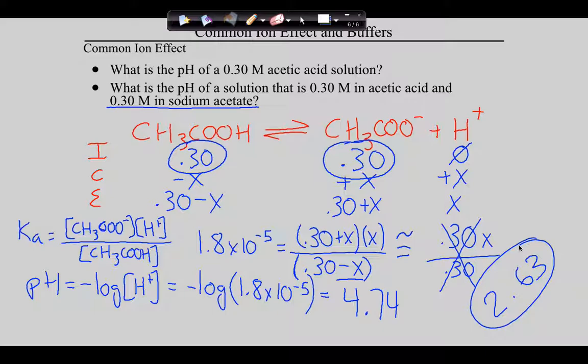So guys, does that make sense? Now let me share something with you that I think you're going to find useful. You all wrote down this sentence, right? That said that was relative to this, and we had something magic happen. And we said that if our molarities are the same, then the concentration of hydrogen is what? Ka.